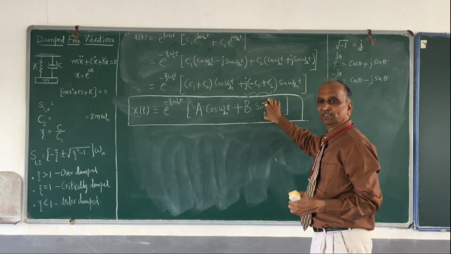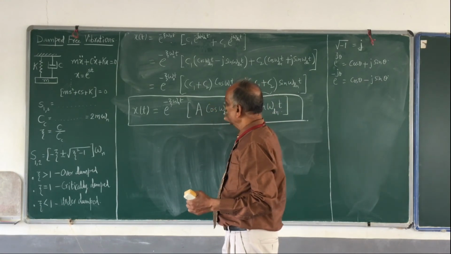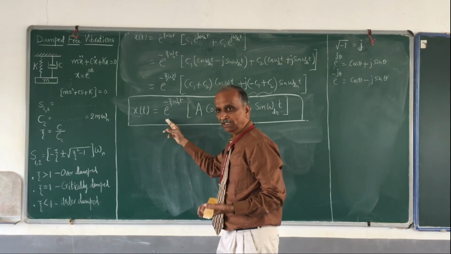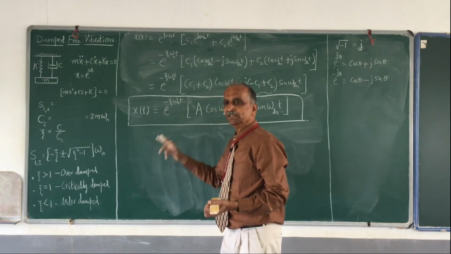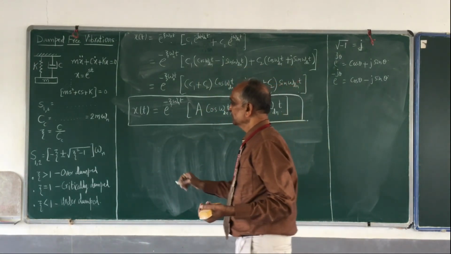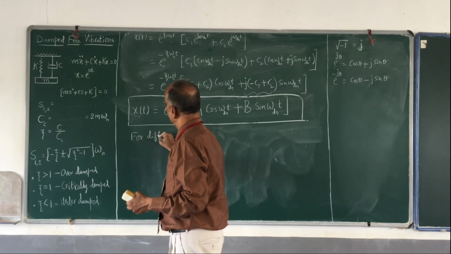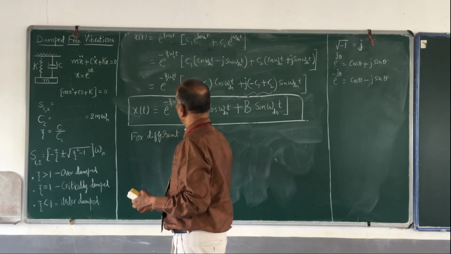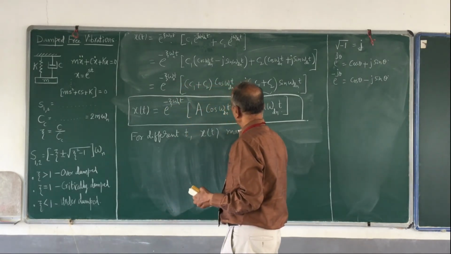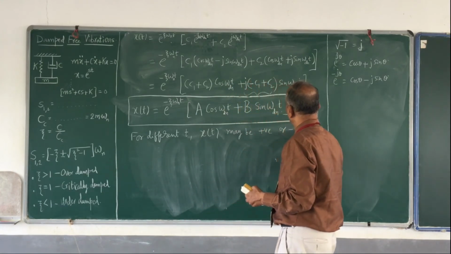This may be positive or negative. So for different values of t, x of t may be positive or negative.